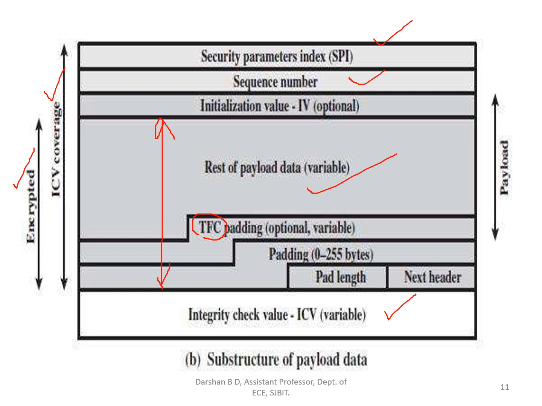Here there are two additional fields compared to the ESP header. An initialization value or nonce is present if this is required by the encryption or authenticated encryption algorithm used for ESP. If tunnel mode is being used, then the IP security implementation may add traffic flow confidentiality padding.